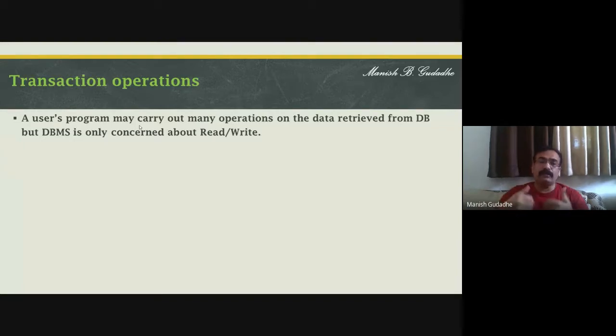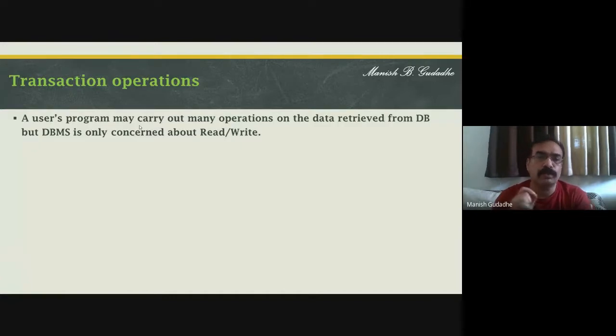If there are 10 transactions trying to read A, they are going to get the value 100. There may be hundreds or thousands of transactions simultaneously doing the read operation on A. All are going to get the same information. So as long as the read operation is there, the database has no confusion. Everyone is going to get the same data.